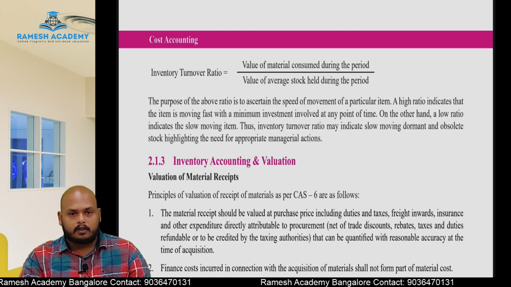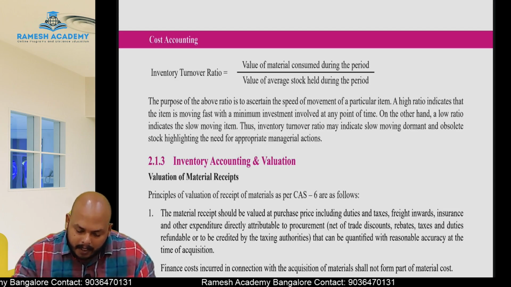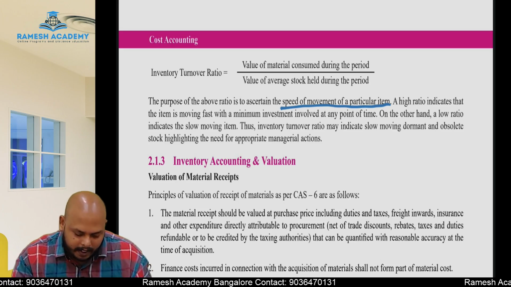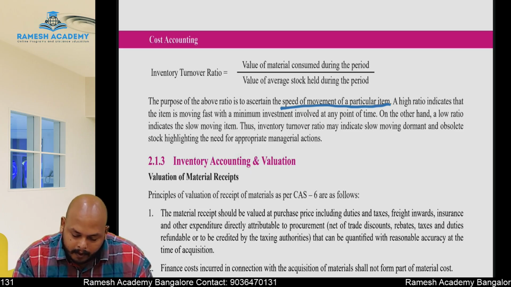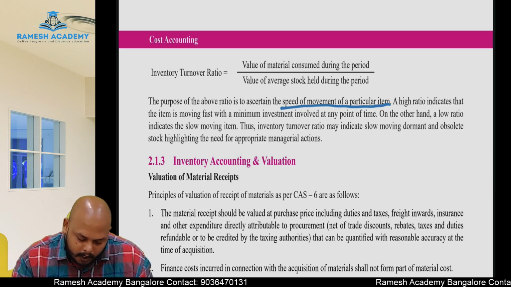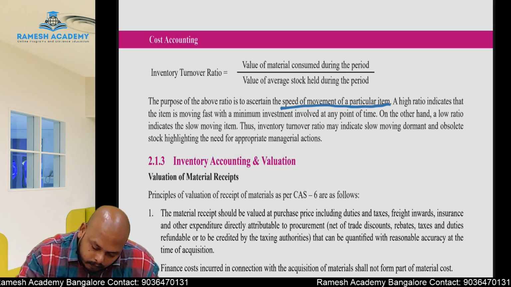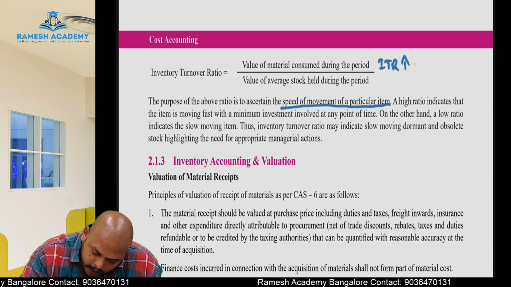Inventory turnover ratio. The purpose of inventory turnover ratio is to ascertain the speed of movement of a particular item. A high ratio indicates that the item is moving fast with minimum investment involved at any point of time. On the other hand, a low ratio indicates a slow moving item.